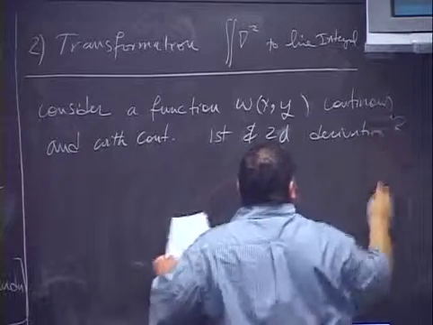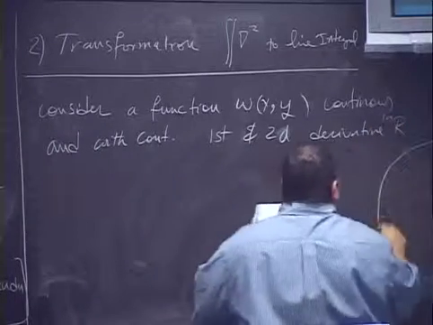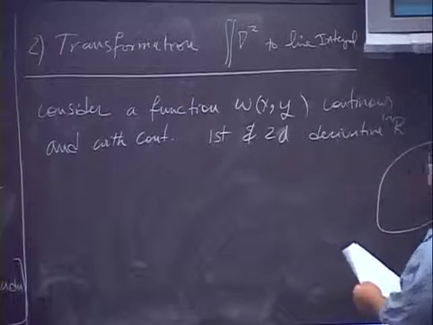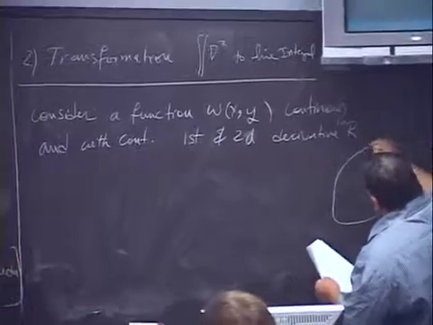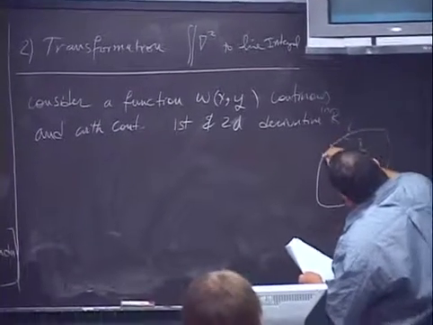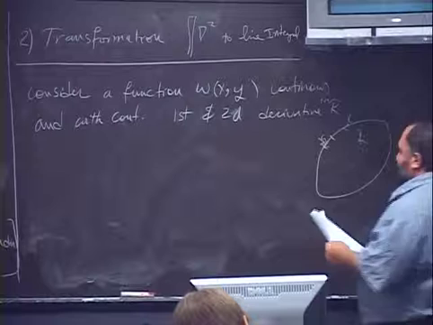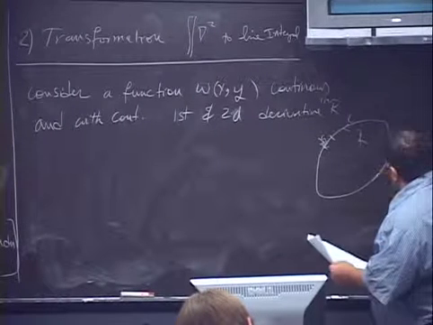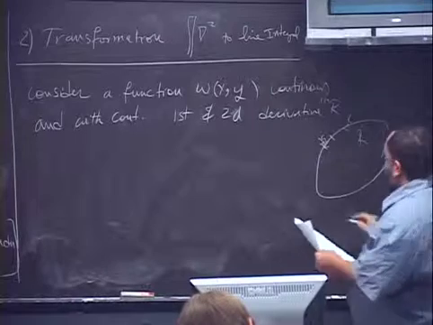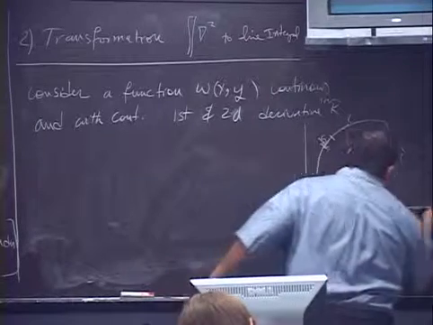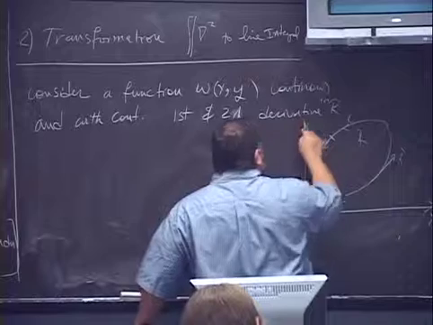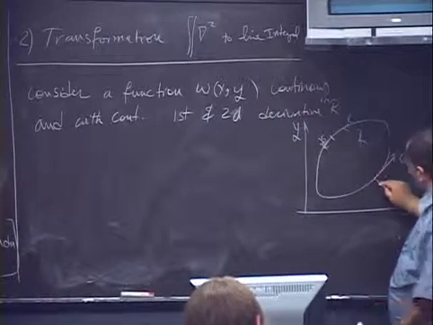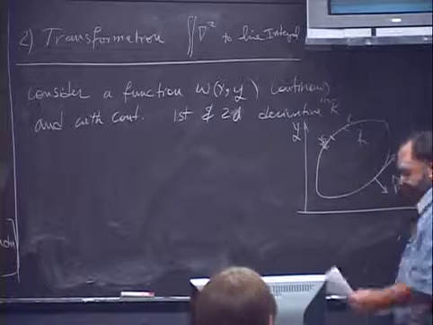We have a region R like this, and this contour here is C. Let's assume that this delta S is part of the contour, and this is R prime, which is just the tangent to the curve, and the normal to the tangent is n hat.